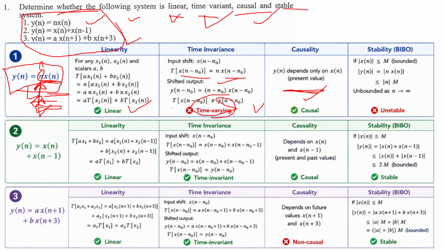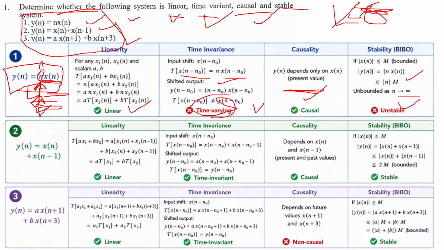Since this is n times x of n, it will keep on increasing, and the addition will not converge. So this is not BIBO, bounded input bounded output, meaning the output will never be a fixed number, it will be infinity. That is why this is unstable.